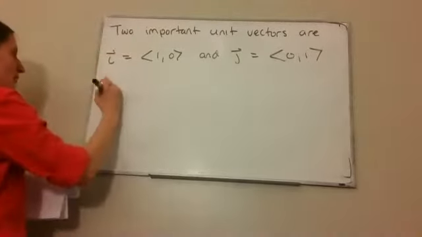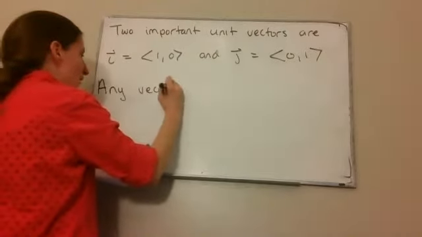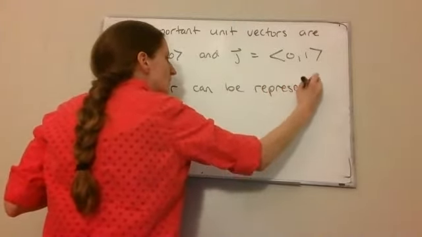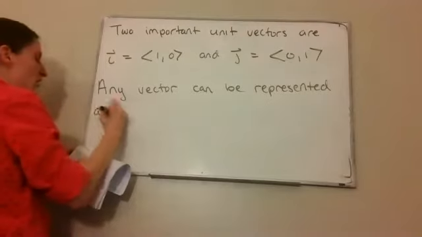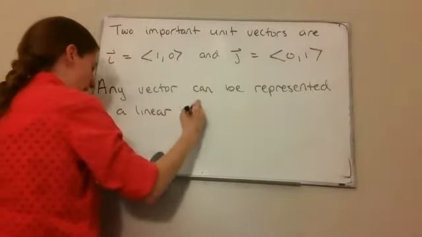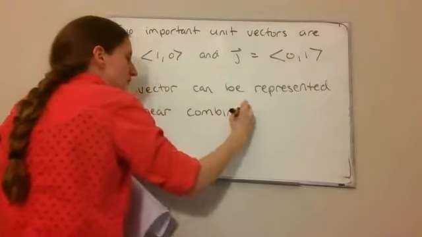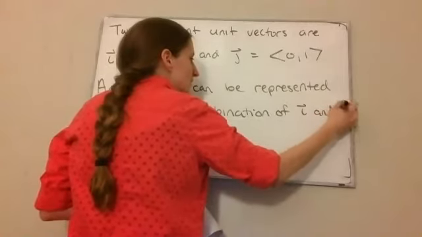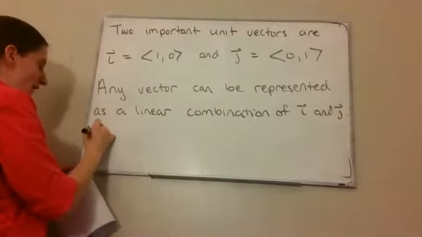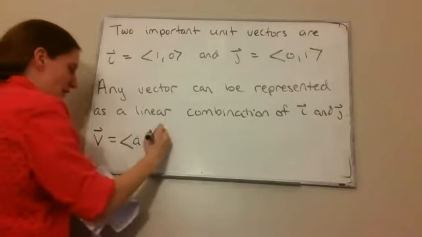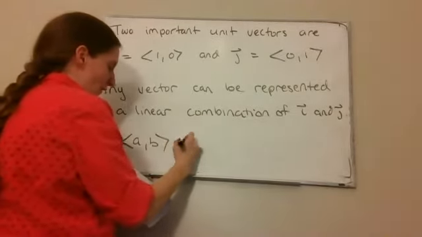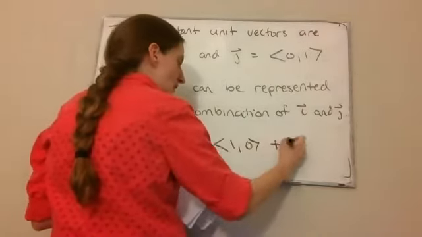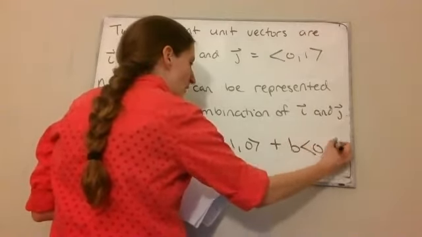Now, these are very important because any vector can be represented as a linear combination of I and J. So a vector V, which is equal to AB in component form, we can also write as A times the vector 1, 0 plus B times the vector 0, 1.